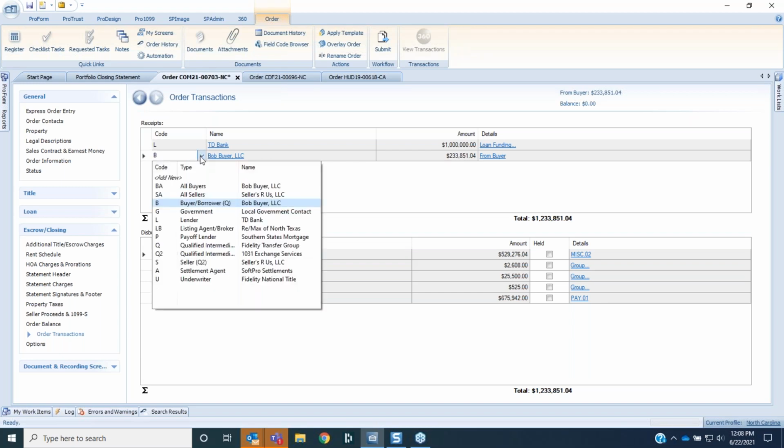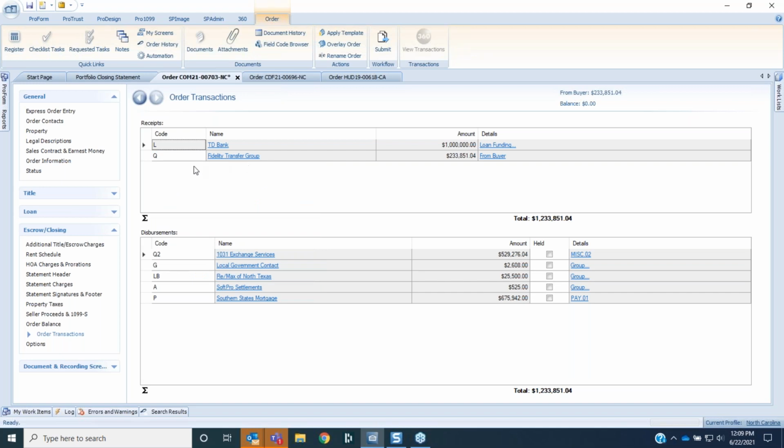Well, I have the ability to change that and say, no, I am not getting money from my buyer. I'm actually getting money from the buyer's QI. It updates the system for me. So now when I do my receipting and dispersing, everything that is actually going to happen, money in from one QI, money out to another QI, is represented accurately in my system.